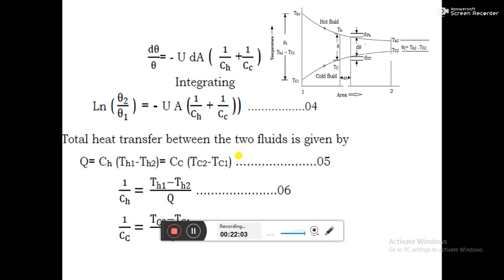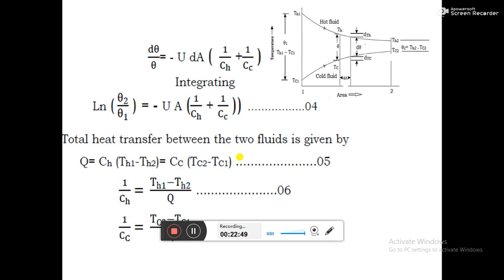Till now we considered a small elementary area. If we consider the total heat transfer between the two fluids, then it can be given by the equation Q is equal to Ch into Th1 minus Th2, which gives the amount of heat released by the hot fluid in the heat exchanger, and Cc into Tc2 minus Tc1, the outlet temperature minus inlet temperature, which gives the heat absorbed by the cold fluid.